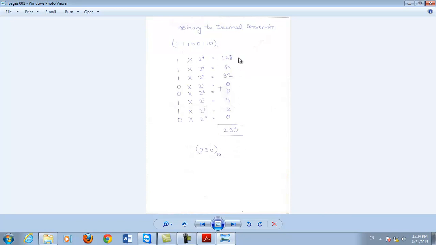Now the value you have to find out is the calculation, that is 1 into 2 to the power 0, 1 into 2 to the power 1, and so on. Find out the values from this calculation. After this, find out the addition of these values.